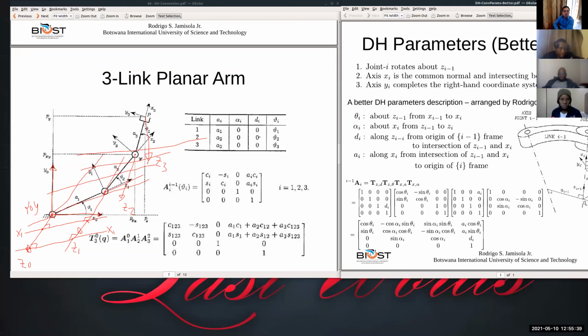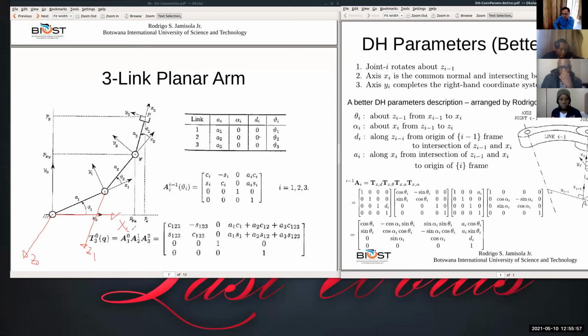So let's clear that one. Your Z0, your Z1. Where is your X1? Well, we already know your X0 is here. This is the origin, Y0. Okay, so we know that your X has to be both perpendicular and intersecting to Z0 and Z1.